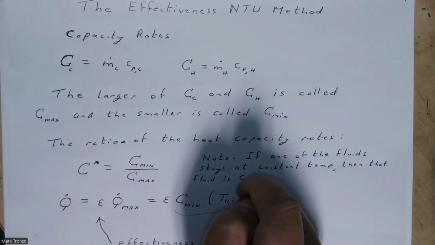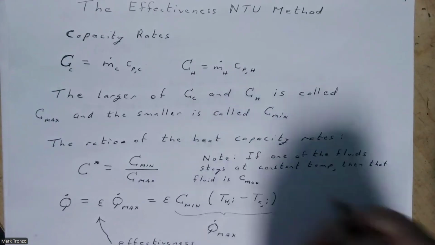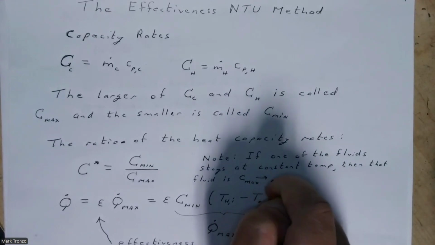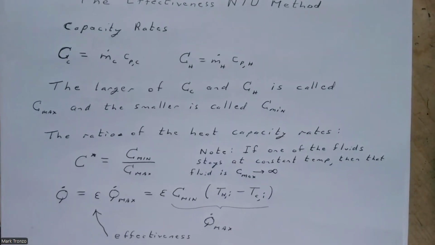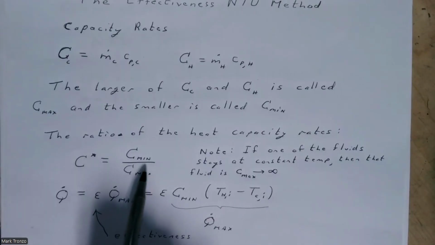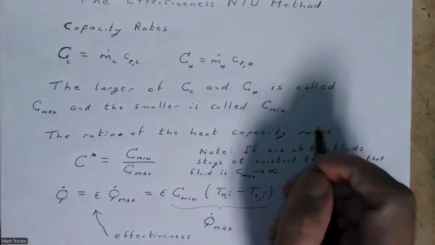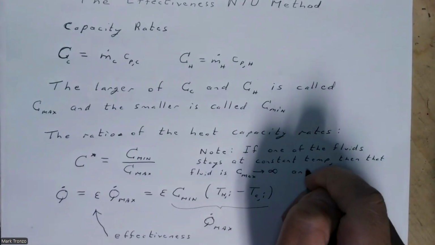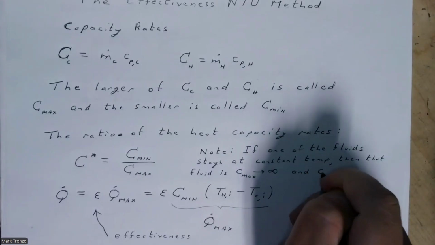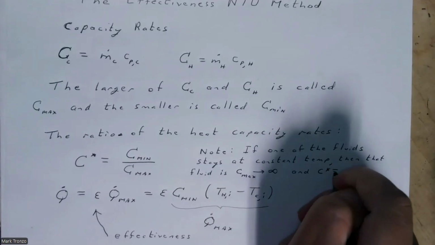And what happens, and we won't get all the details now, is that C max in that case will go towards infinity. Since that's in the denominator here, C star, the ratio of capacity rates, is going to be 0.